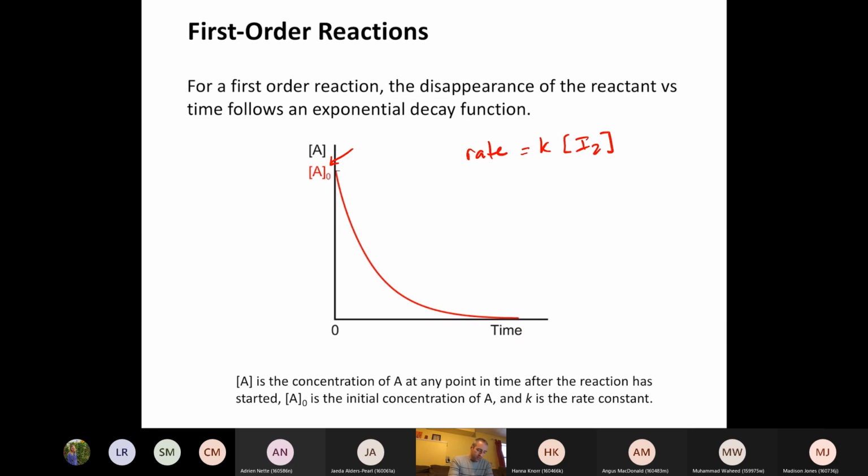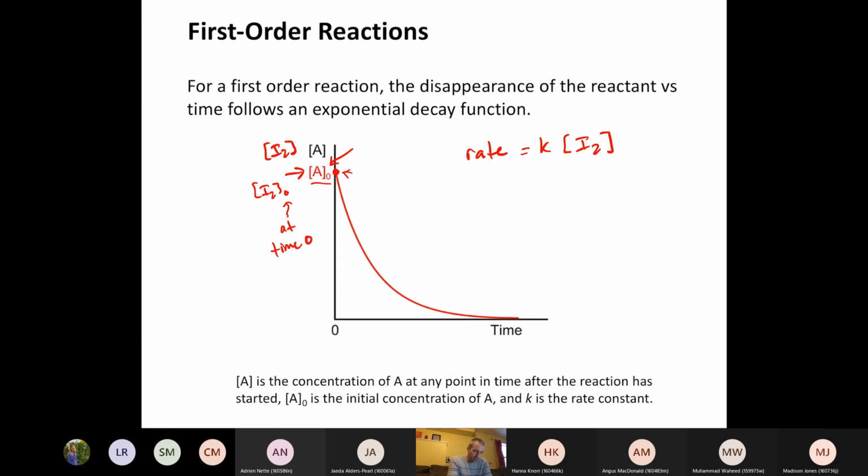At the start of the reaction, when I say concentration of A, what this really is is the concentration of I2. When the reaction begins, this red value here is the concentration of I2 at time 0. So that just means the initial concentration of I2, whatever that number is.